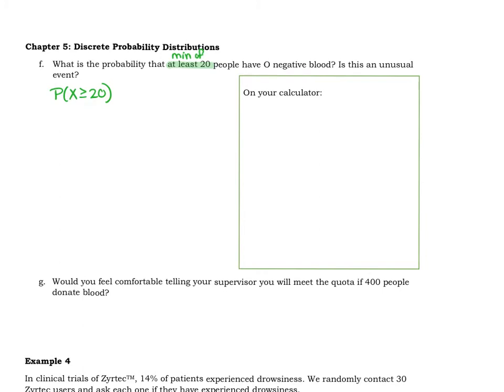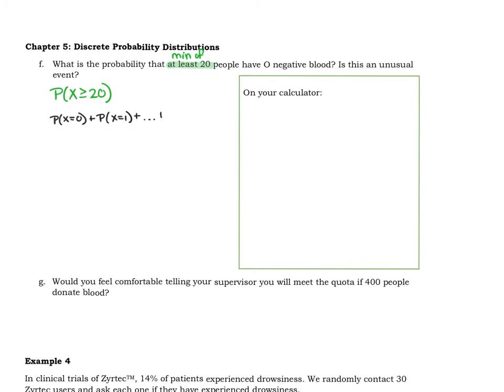Now, I want you to think for a minute about what greater than or equal to 20 means. Let me give you a little bit of a visual here. When we start doing probabilities, we would start with nobody has O negative blood, one person has O negative blood, and we would keep going.